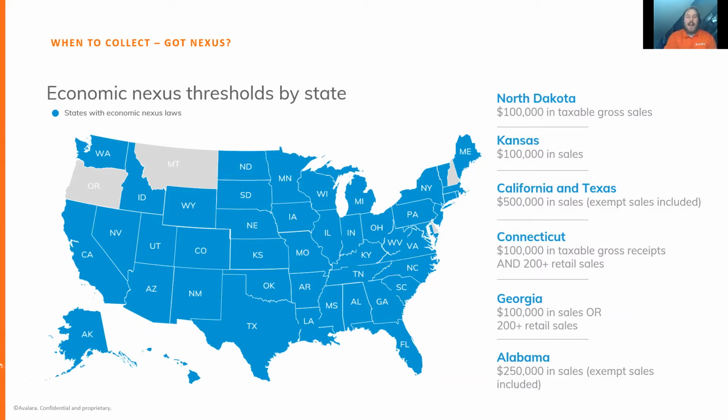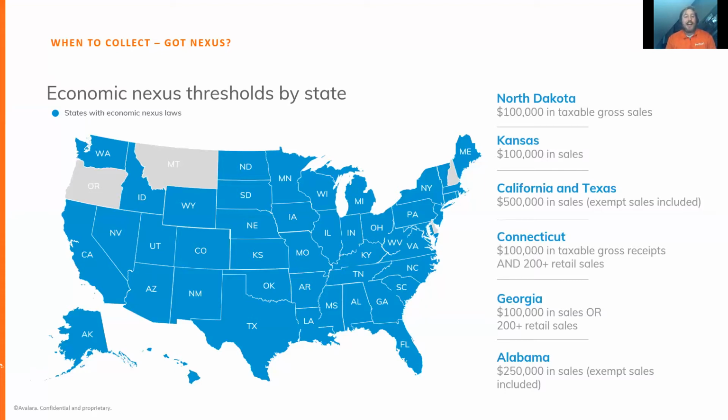On the right hand side, you can also see kind of how these economic thresholds vary or differ. North Dakota, $100,000 in taxable or gross sales. So this can also apply if you're selling for wholesale or resale. Kansas, $100,000 in sales. California and Texas, the larger ones, right? $500,000 in sales.